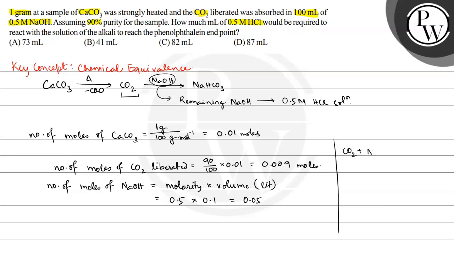Alright, so from the reaction between carbon dioxide and NaOH, CO2 plus NaOH gives NaHCO3, and from this we can see 1 mole of carbon dioxide reacts with 1 mole of NaOH.